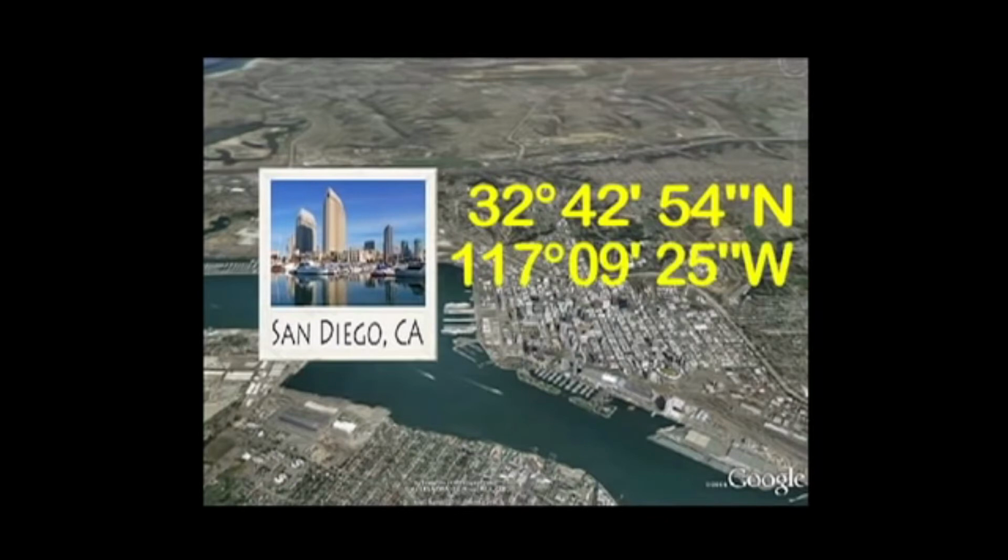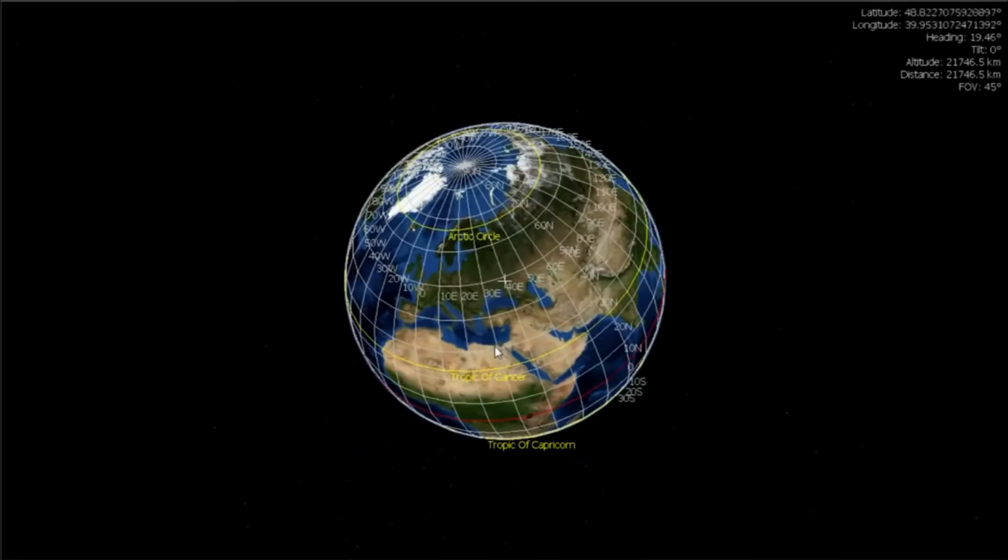Using latitude and longitude, the precise location of San Diego, California can be written as 32 degrees, 42 minutes and 54 seconds north latitude and 117 degrees, 9 minutes 25 seconds west longitude.